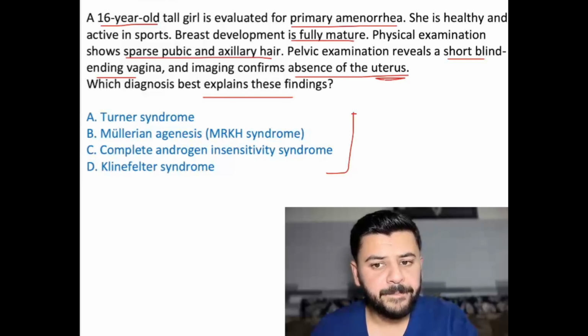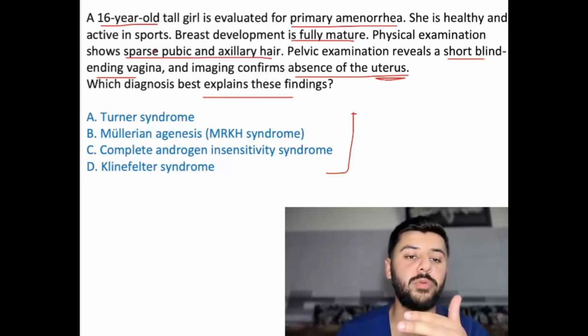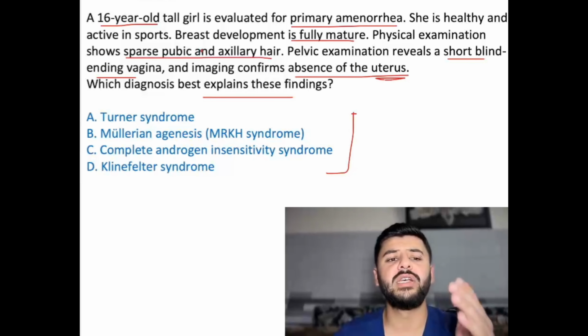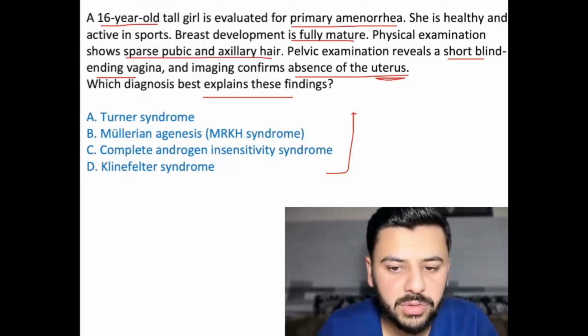What I'm seeing right now is sparse pubic and axillary hair. Sparse or no pubic and axillary hair means one thing, and that is androgen insensitivity syndrome. Boom, you have the diagnosis. If you see normal pubic and axillary hair, the answer completely changes, and that becomes the Mayer-Rokitansky-Kuster-Hauser syndrome.